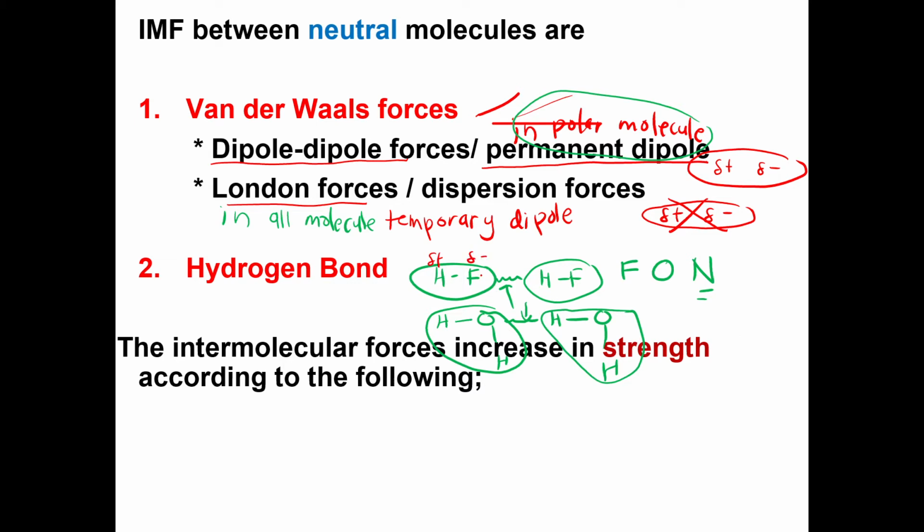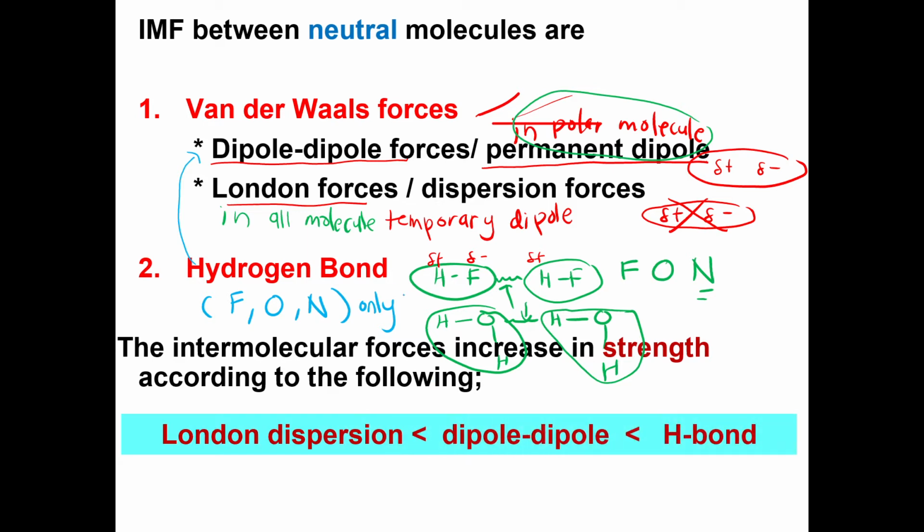So between partially negative the first molecule and partially positive in second molecule. So yang specialnya untuk hydrogen bond because they are limited to these three atom, F, O, and N only. So selain daripada F, O, and N, dia ialah dipole-dipole force because molecule tu akan jadi polar molecule.